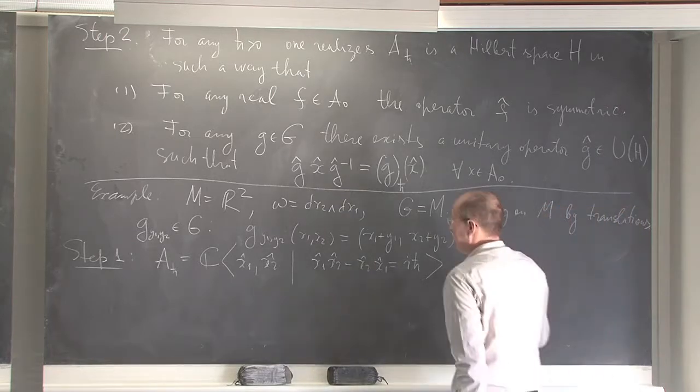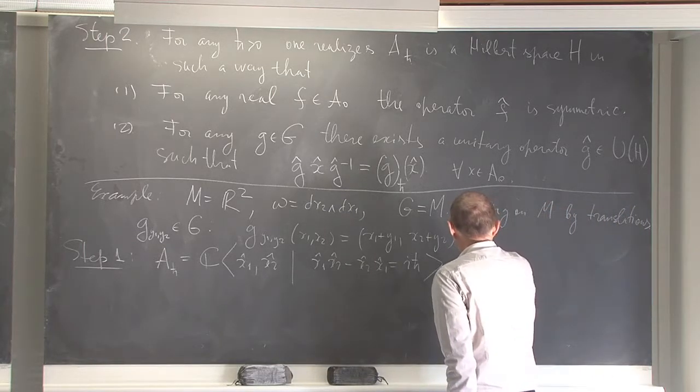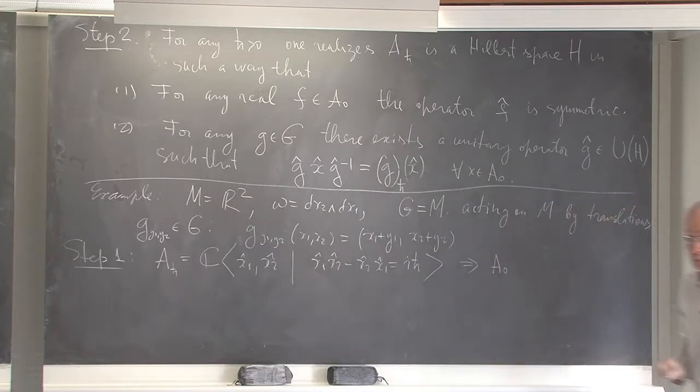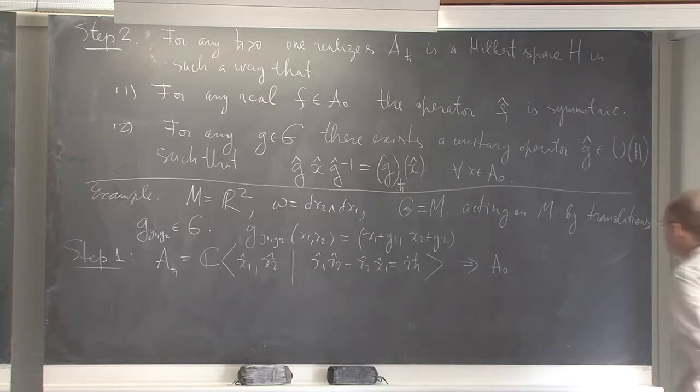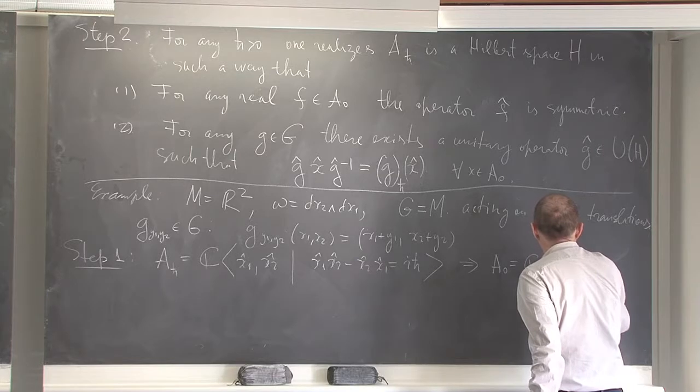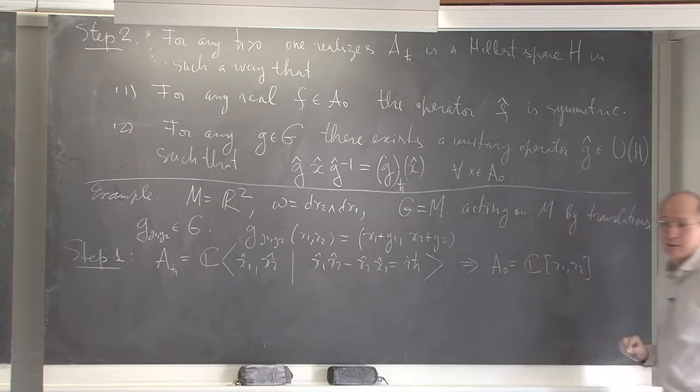And so the consequence, the A0, which should be a subalgebra of smooth functions, is identified with the polynomial subalgebra of coordinate functions with complex coefficients.